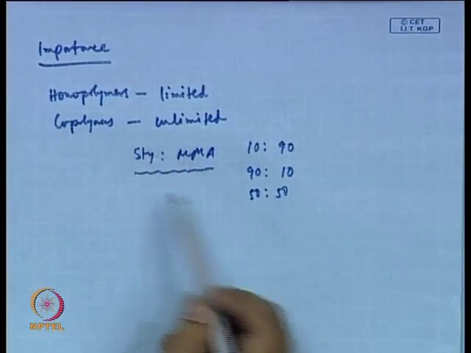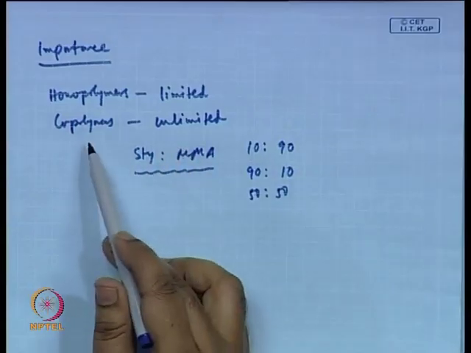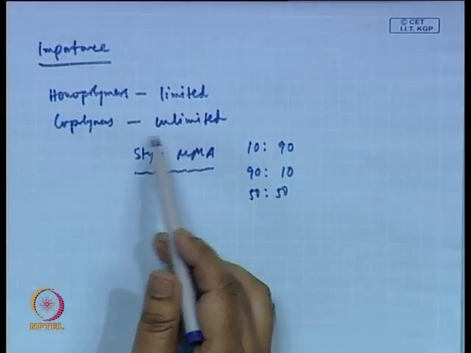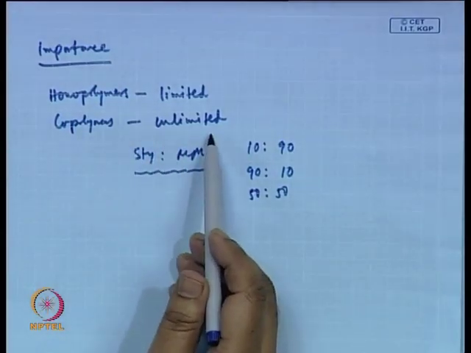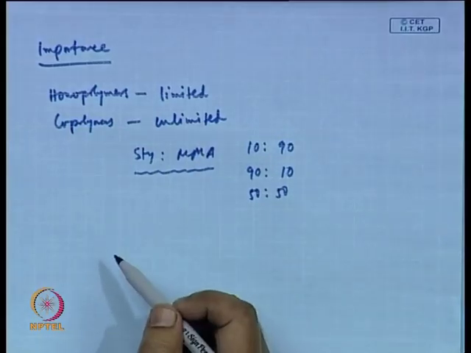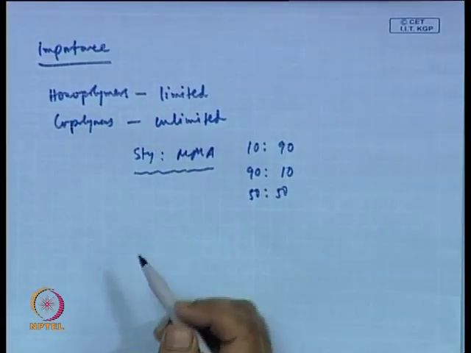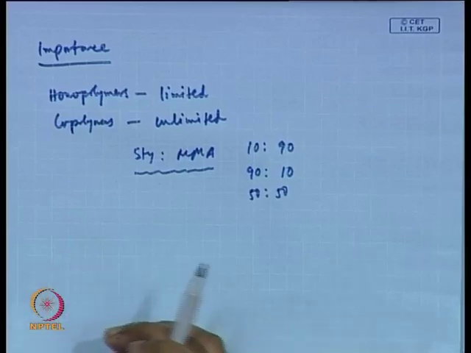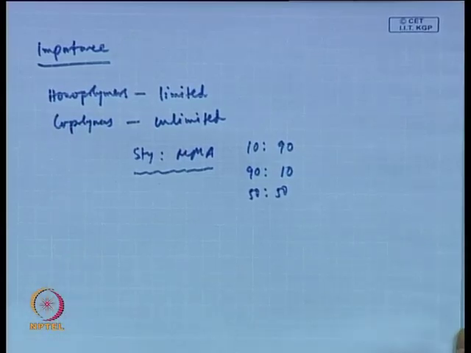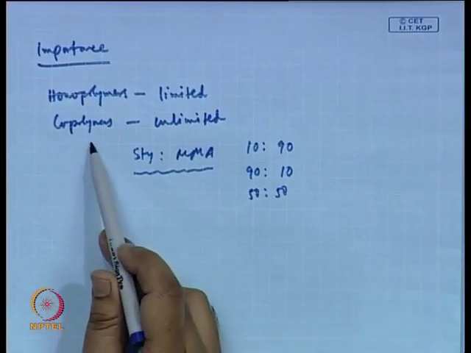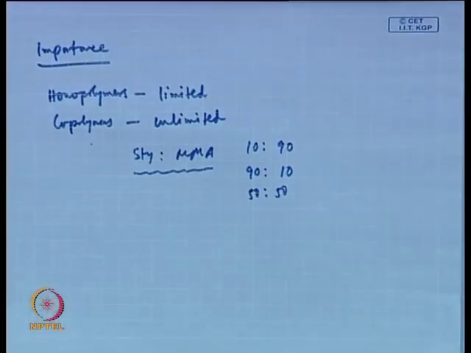So, that tells you that the number of copolymers that can be synthesized is unlimited. If you are looking for a particular property for an application, and that property is not available in a single homopolymer, then from prior knowledge of the properties of the homopolymers, you can synthesize a copolymer of required proportions to get that property.